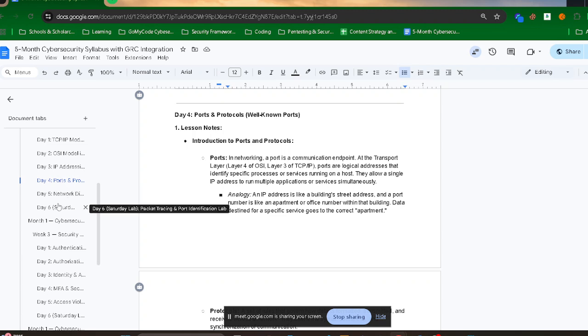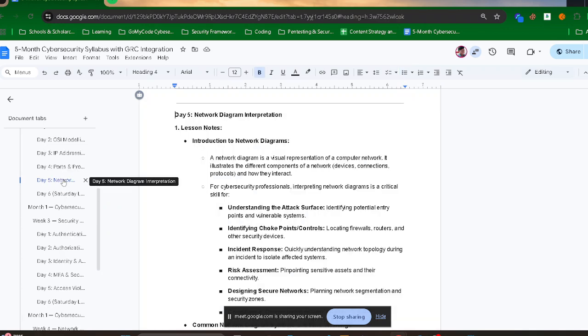You can go and revise your TCP/IP OSI model as well so that you'll understand better. For the network diagram, I should add a network diagram image to show us how it looks.